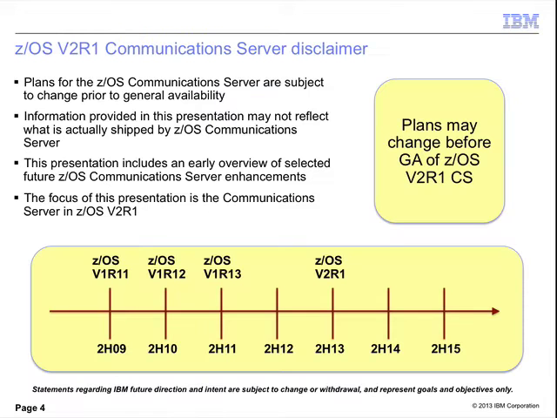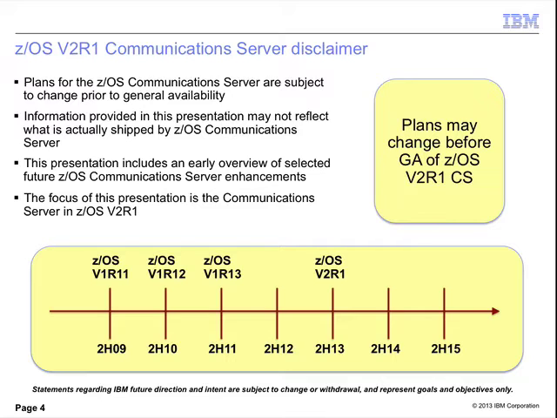Having said that, the next chart is our usual disclaimer chart on the fact that this is pre-GA material. You see at the bottom of the page the timeline, and that still looks a little strange to me to see it with that gap there. We were used to that 1-year cadence for so long, and it seems like it's been a long time since we delivered a new function. So we're kind of excited about bringing V2R1 to you guys.